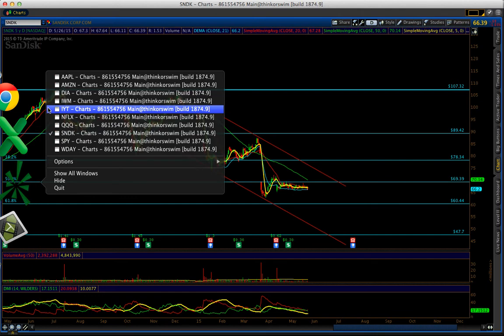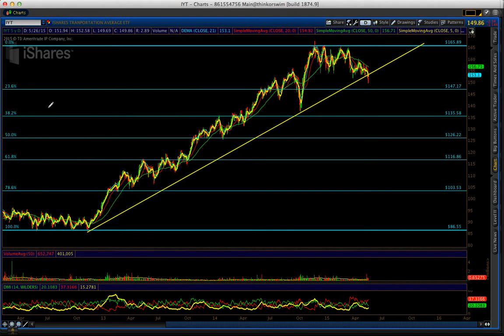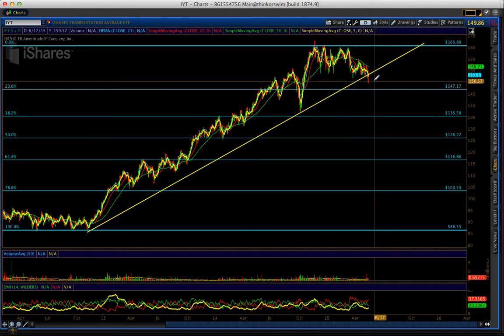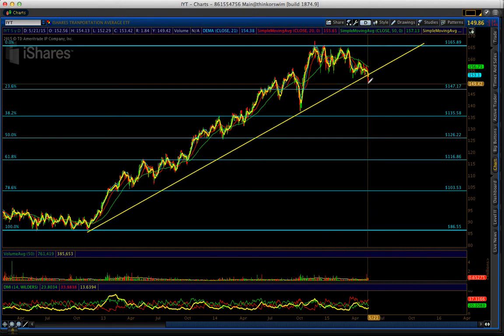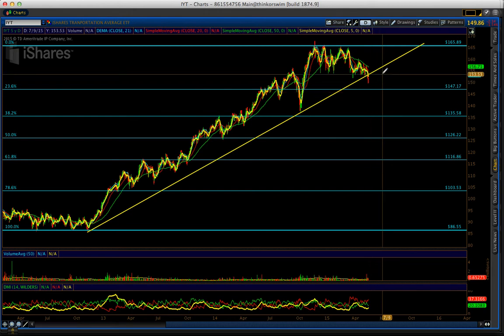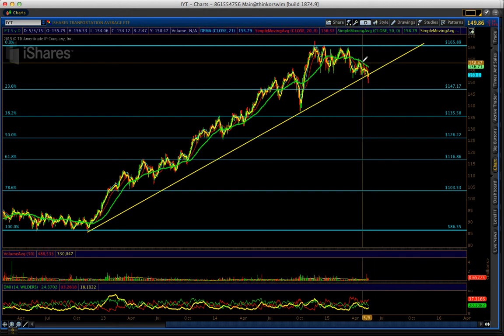Okay, traders, now let's talk about this one. This is another interesting chart. This is iShares Transportation Average, IYT. Look at this. Broken as hell. So this one might start moving down and test the 147 area and bounce a little bit. But I will get short in any bounce. I have to wait for a bounce.